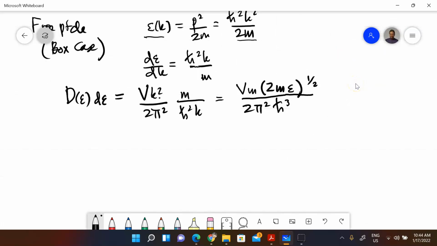Maybe I should say this. This is sometimes called the way how energy depends on your wave vector, or in this case wave number. It's called a dispersion relation.